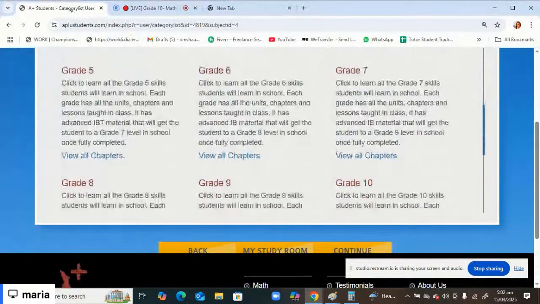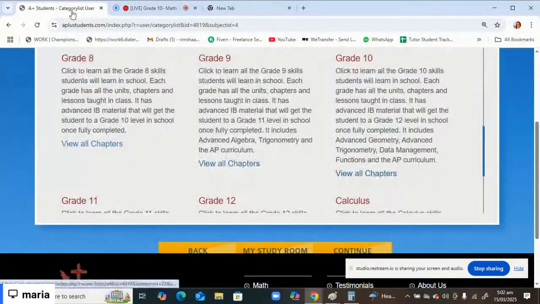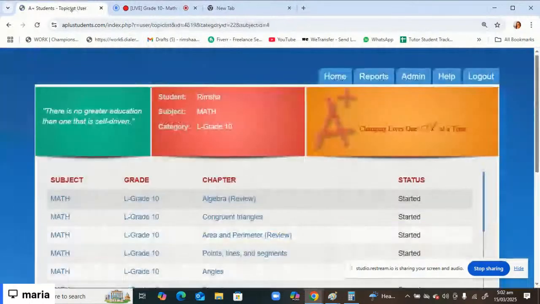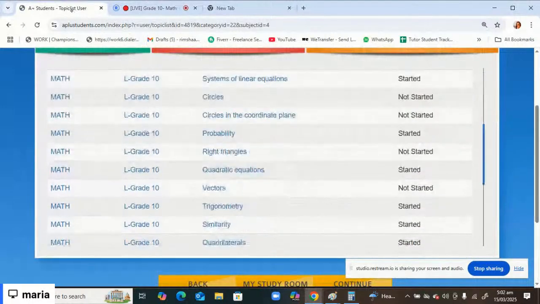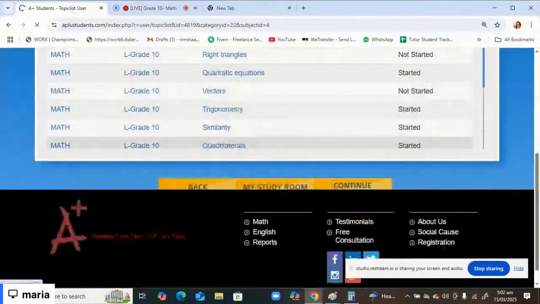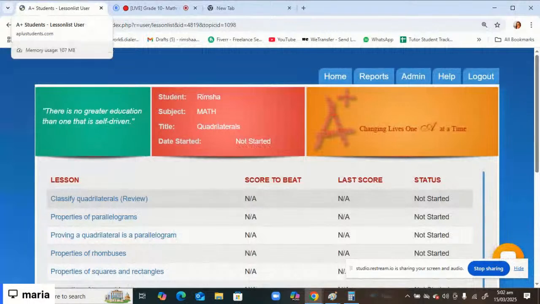Scroll down to grade 10 and view all chapters. The chapter we are on today is quadrilaterals. Here is the list of lessons.